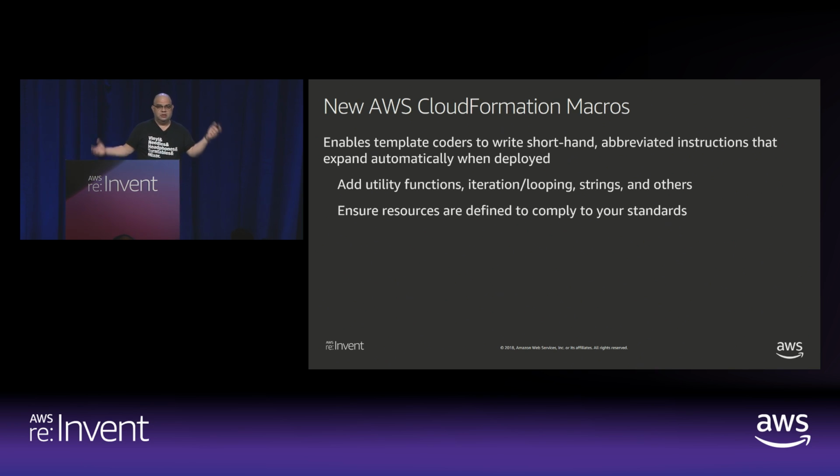You can also ensure with the macro that a given resource is defined to comply with your standards. The way that we set up macros, they are a lot easier to share and reuse across stacks than previous mechanisms that we've had before.